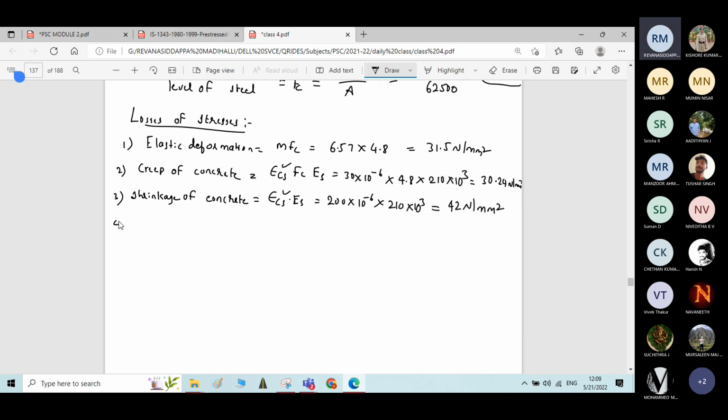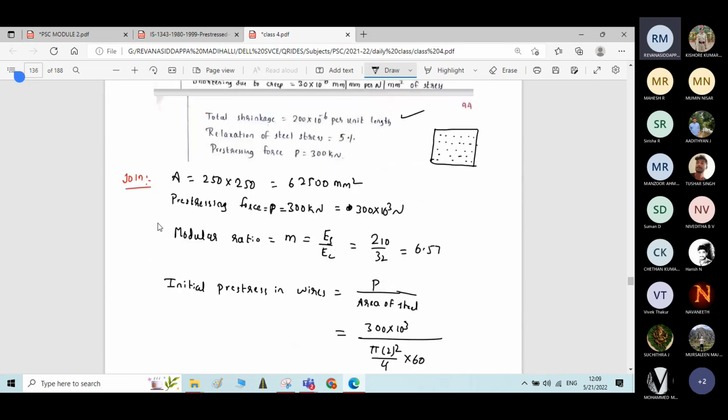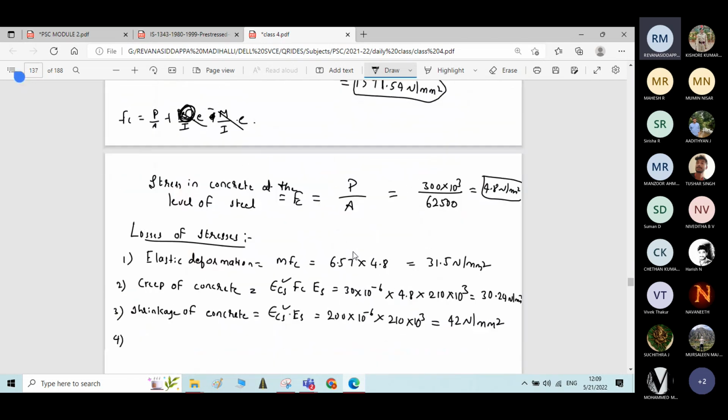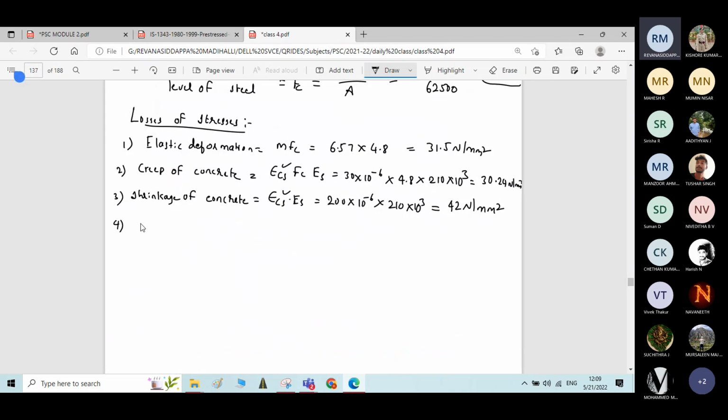Then finally, relaxation of stress in steel is also given as 5%. For 5%, we calculate the loss of stress.